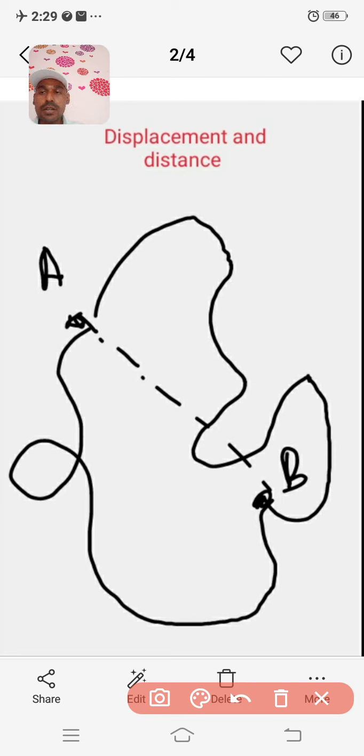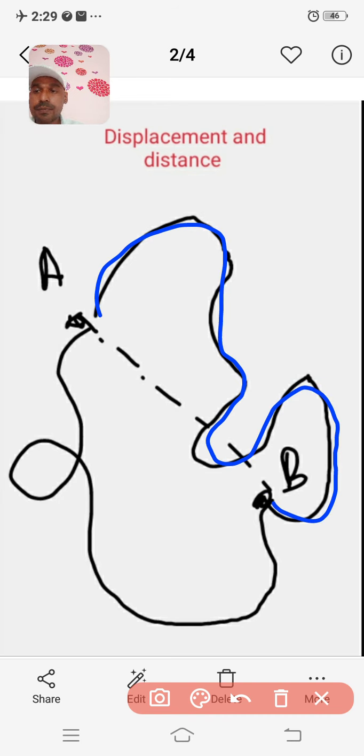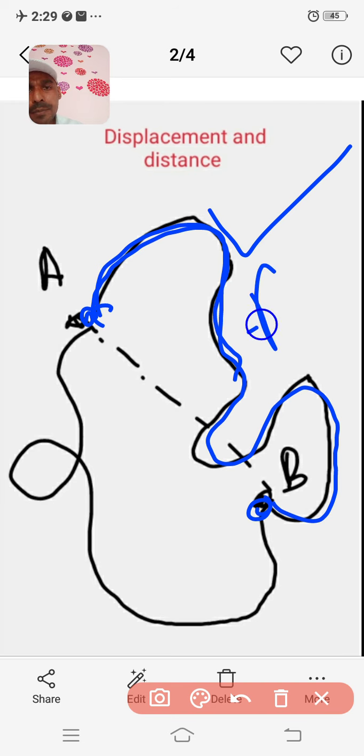The distance measured along the curved path, including loops, from A to B is the correct one as far as the distance covered by the particle moving from A to B along that path is concerned.